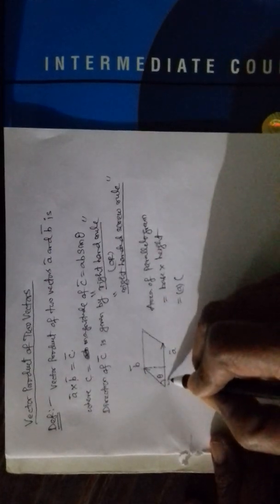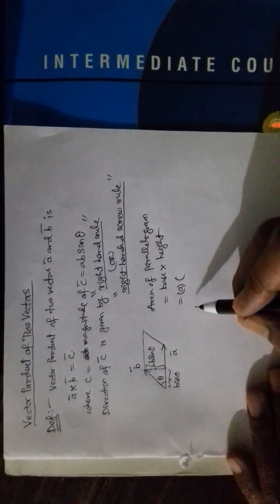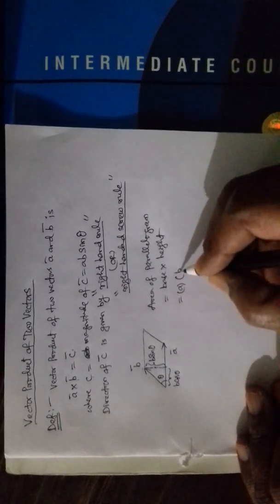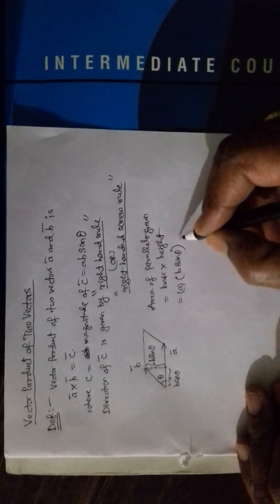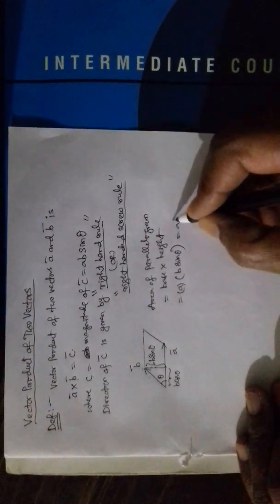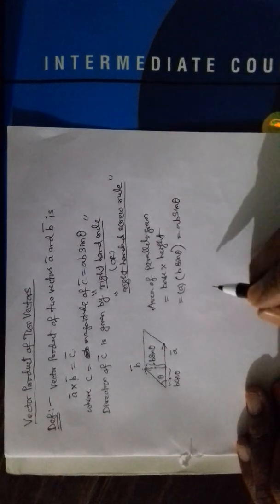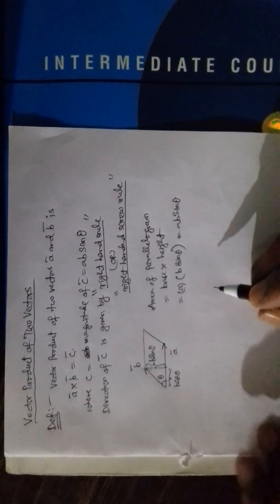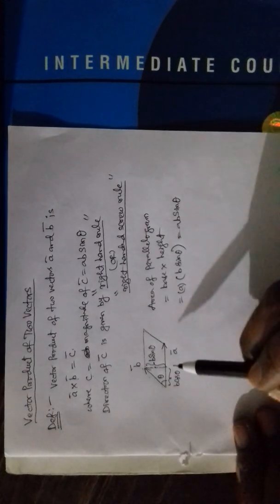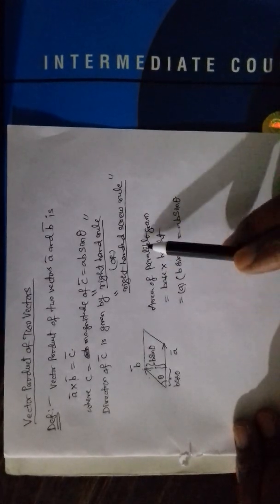If this is B, this will be B cos theta, and this will be B sin theta. So base is A and height is B sin theta, that is equal to AB sin theta. So the magnitude of the vector product of two vectors is nothing but the area of the parallelogram.